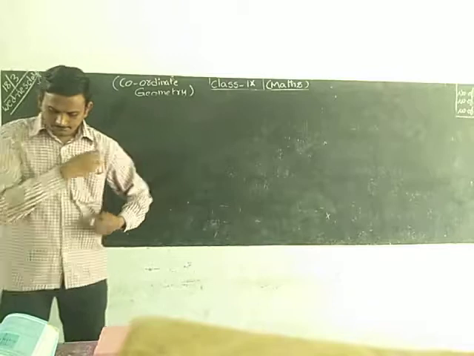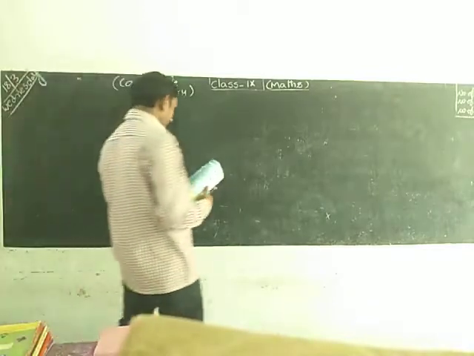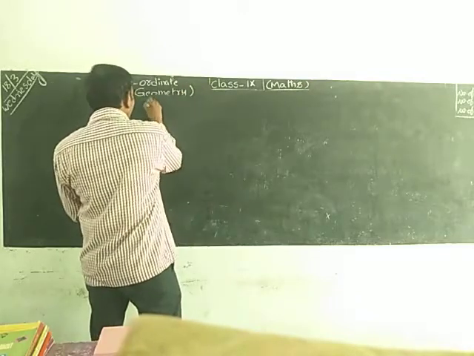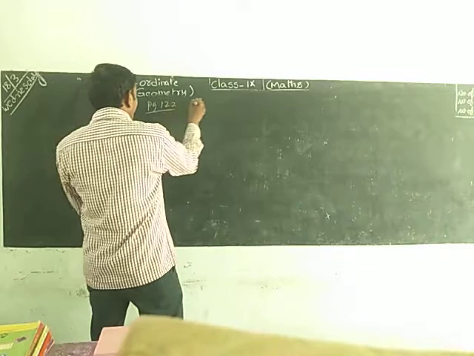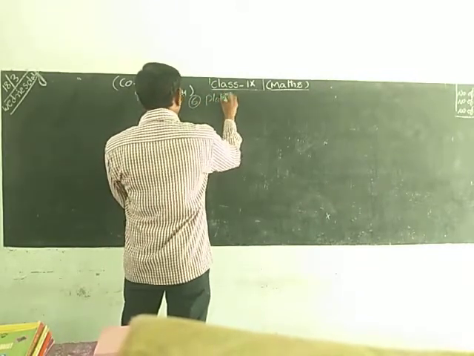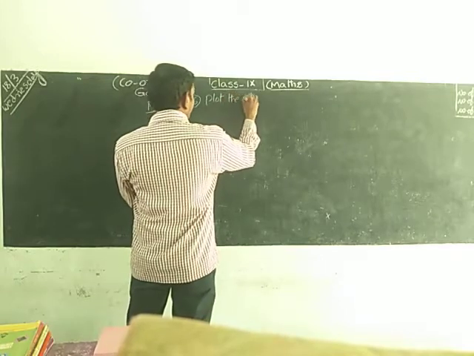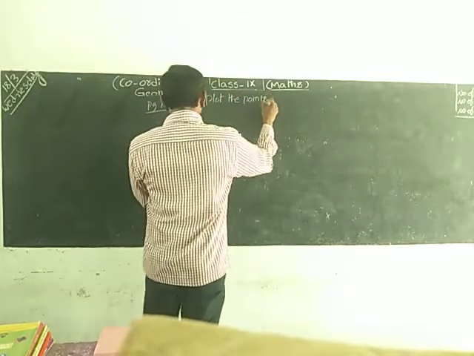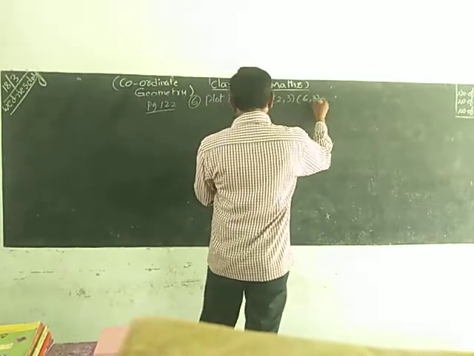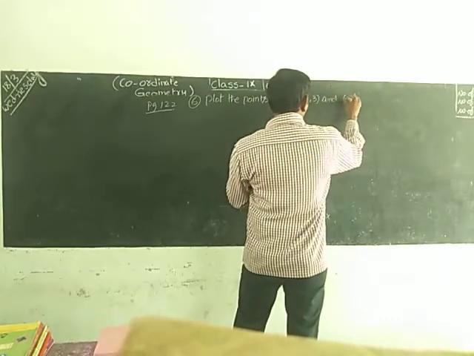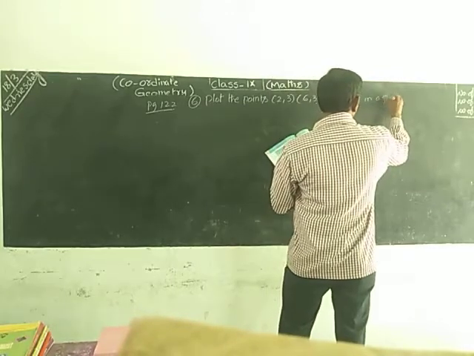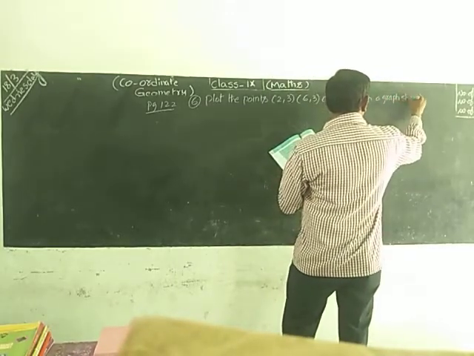Okay, what is the question? Page number 122, sixth question. Plot the points 2, 3, 6, 3 and 4, 7 in a graph sheet.